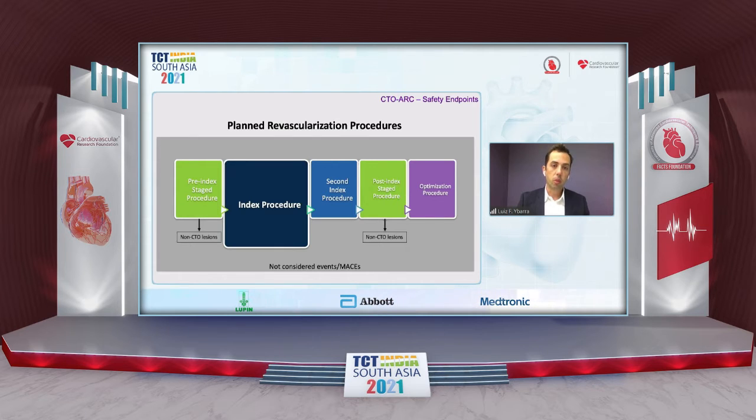So just going briefly, we have a pre-index procedure where usually you treat non-CTO lesions, the index procedure, then the second index procedure. You might ask, why not the third? Because at some point we need to stop, otherwise you get a third, a fourth, a fifth. Then post-index procedure, a staged procedure to treat again non-CTO lesions, and we are allowed an optimization procedure to bring back the patient and optimize the final result we got in our intervention.